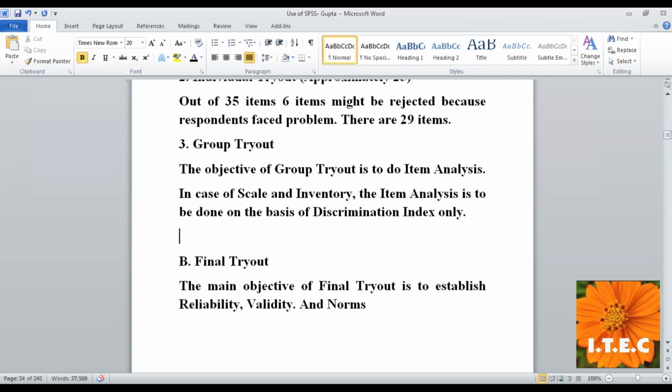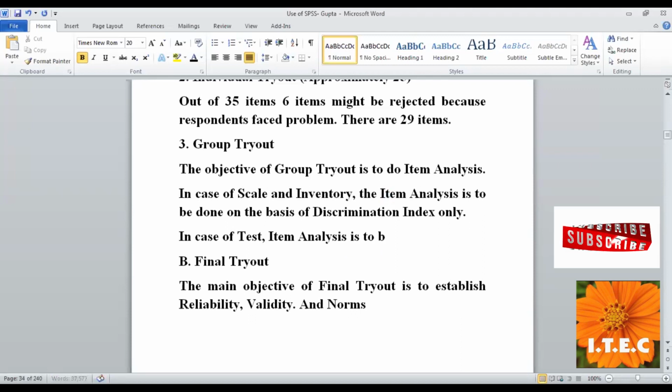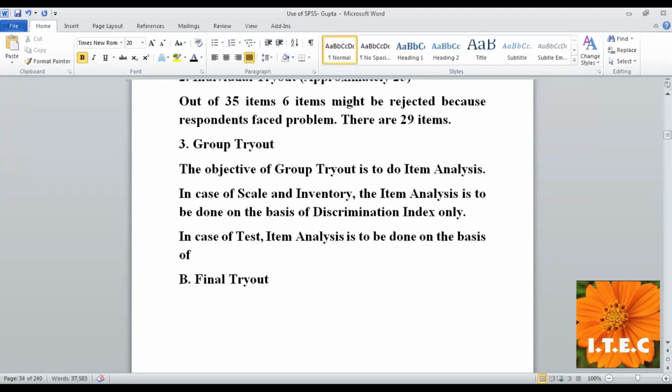Okay, now in case of a test, the item analysis is to be done on the basis of difficulty level and discrimination index. Why? Because in case of scale or inventory, your responses cannot be designated as correct or incorrect.